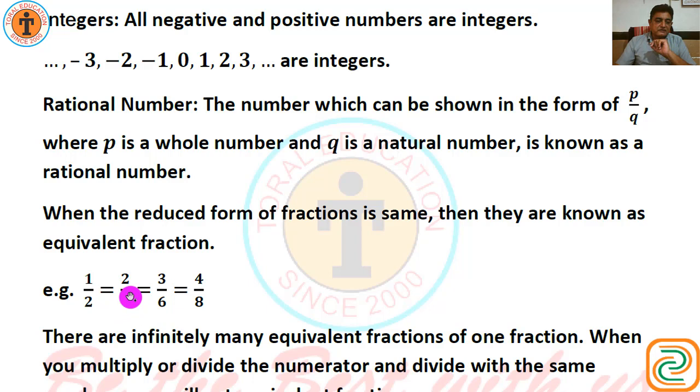If we cut this fraction, 2 2s are 4, then it comes 1 upon 2. 3 upon 6, 3 2s are 6, that is 1 upon 2. 4 upon 8, that is 1 upon 2. So when the fractions in reduced form come the same, they are equivalent fractions.